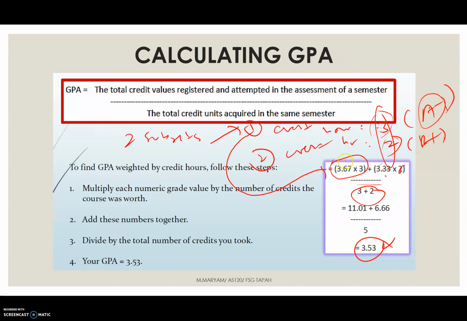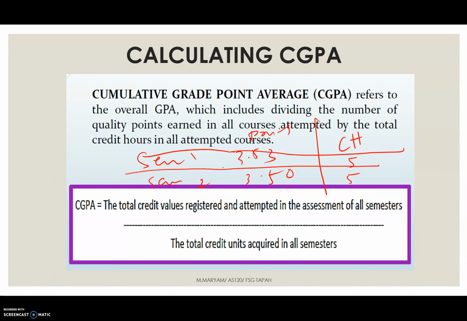Same thing, you have to times the point with the credit hour, then plus for the second semester. So the total credit hour will be, I'll write it here. Okay, so the first semester 3.53 times 5 plus 3.50 times 5, and you divide by the total credit hour, which is 10.